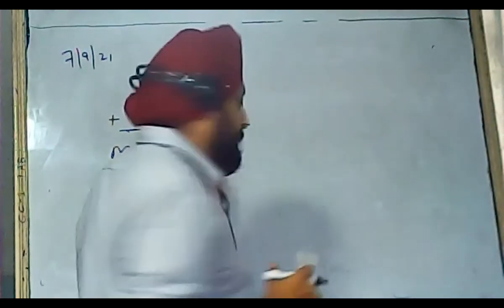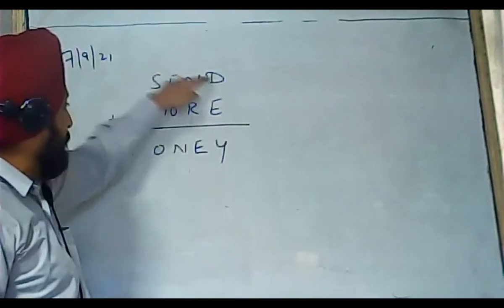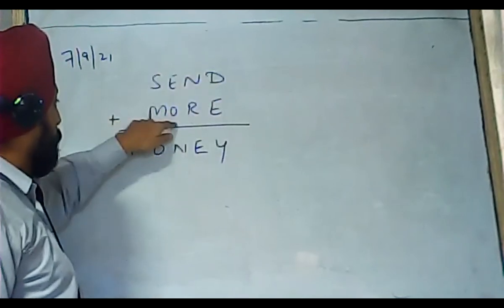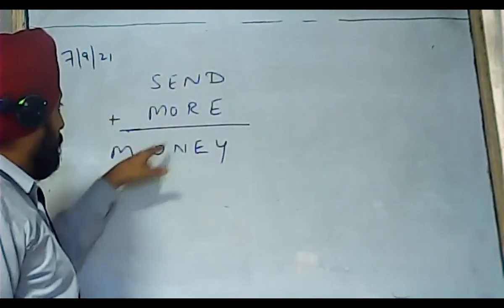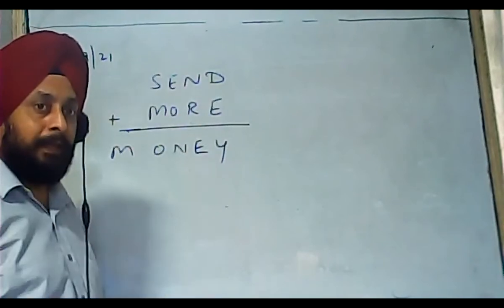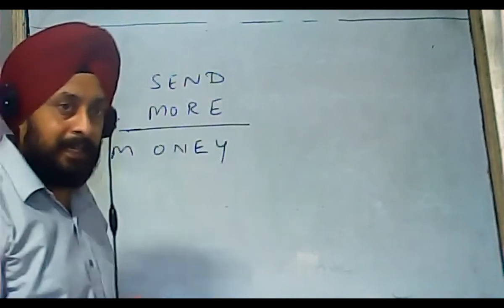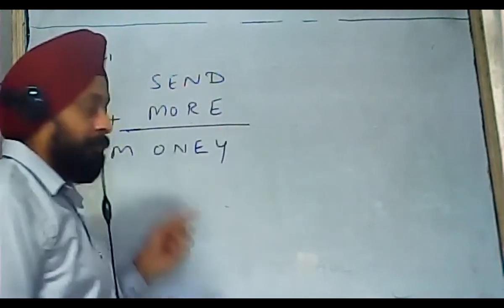So what digits you will assign to S, E, N, and D, then M, O, R, E, then Y. These are the different alphabets to which you have to assign different digits so that it is evaluated.